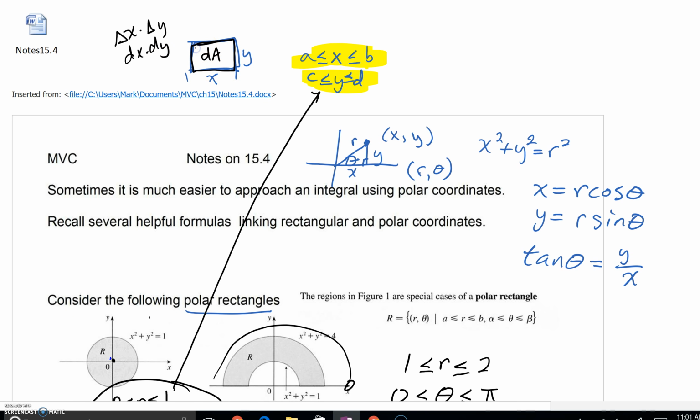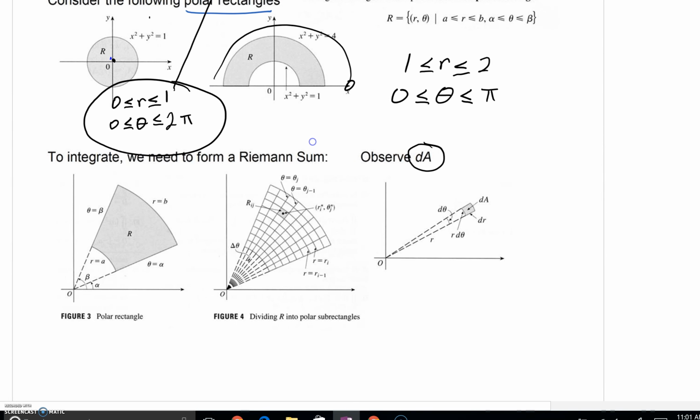That's like a little dA. Can we come up with some way to look at this? Let's just say that r is between two given values. Here's a polar rectangle. r is between a and b, and theta is bounded between alpha and beta. So we've got this little polar rectangle here.